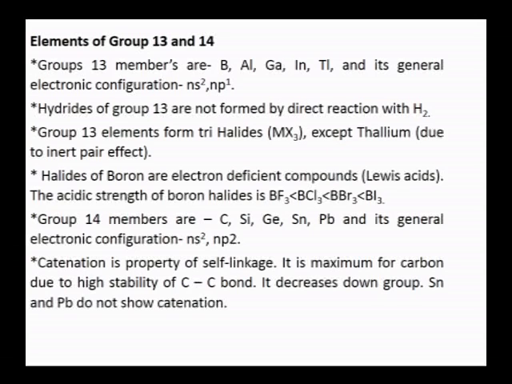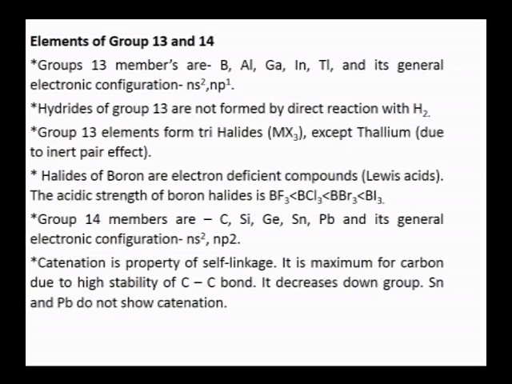The acidic strength of boron halides increases from BF3 to BI3. Similarly, the group 14 members are carbon, silicon, germanium, tin and lead, and the general configuration is ns2np2.